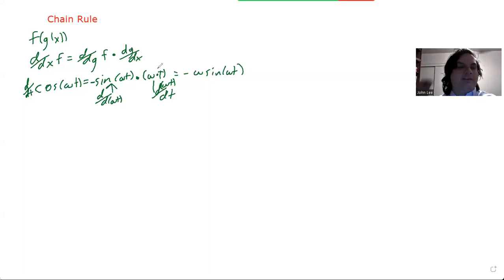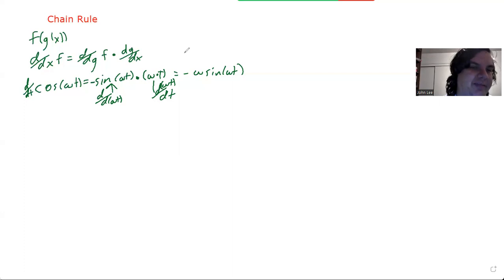But these equations can't take the cosine of 1 second or the cosine of 1 meter or anything like that, because that doesn't mean anything.